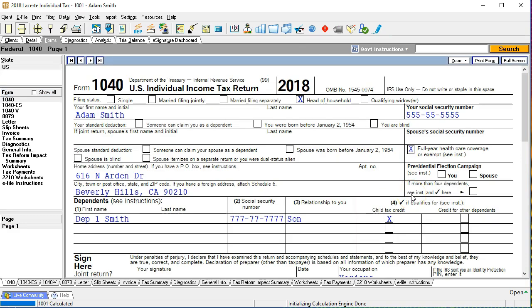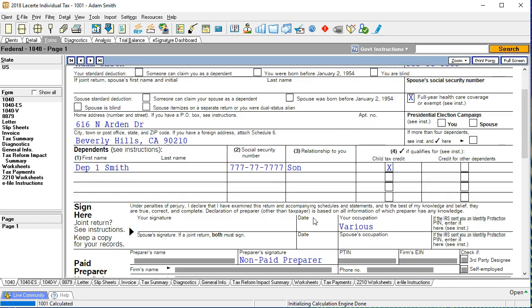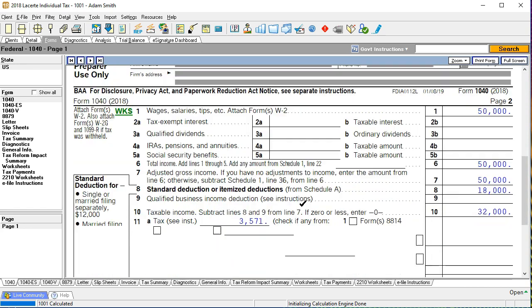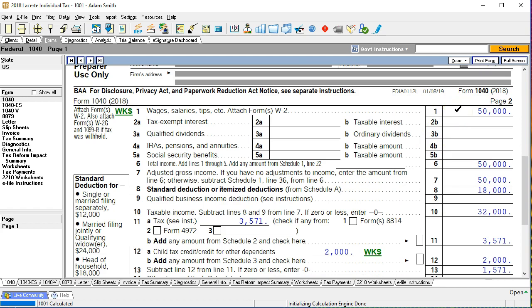According to the software, now there's head of household rather than single, because one condition is the dependent for both now. And again, I'm only looking at 1 return, but for both now. If we scroll down, there'd be 2 returns that are pretty much the same. 50,000 minus the 18,000 standard deduction, which is higher than the 12,000 because of the head of household status rather than the single status.